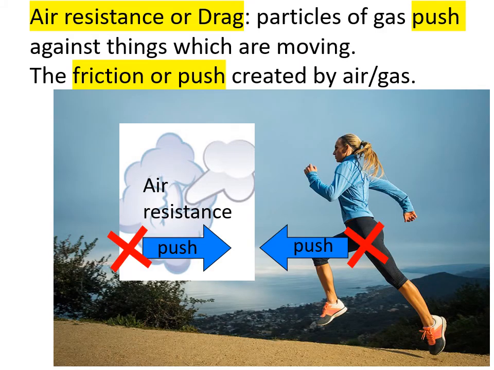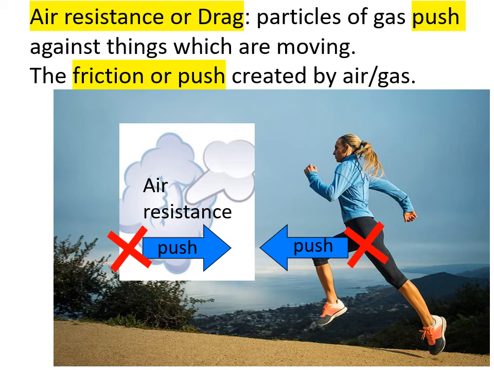What is air resistance? Air resistance is exerted from particles of gas. They push against things which are moving. The friction or push created by air or gas. So air resistance is a kind of friction, but it's not on the ground, it's in the air, like you see in the picture.